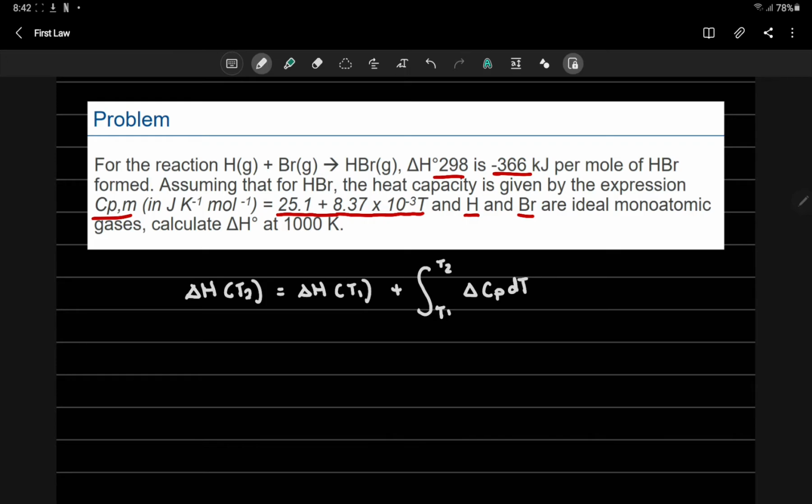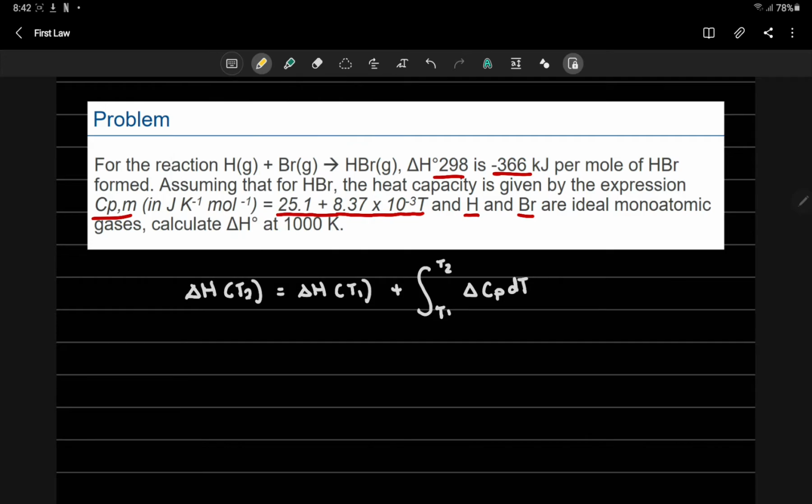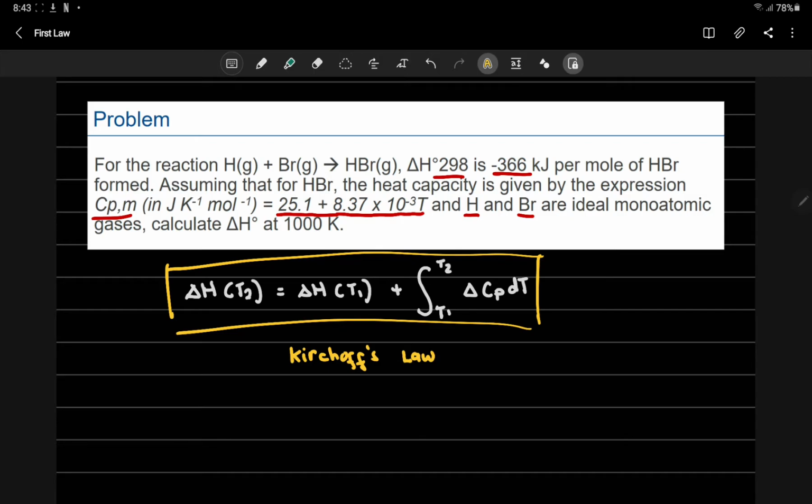So this equation, itong equation na to, ang tinatawag natin na Kirchhoff's law. Okay. So let's try to solve the problem using this equation.